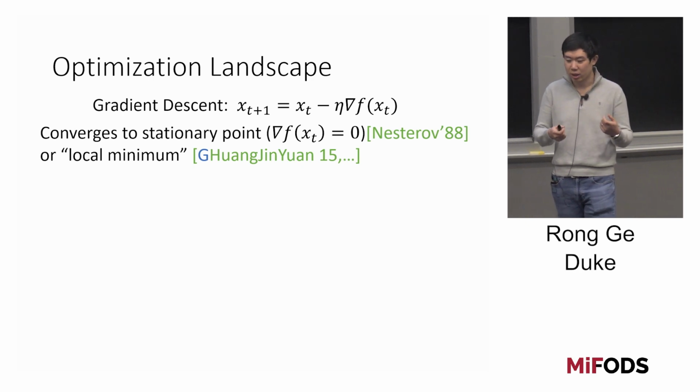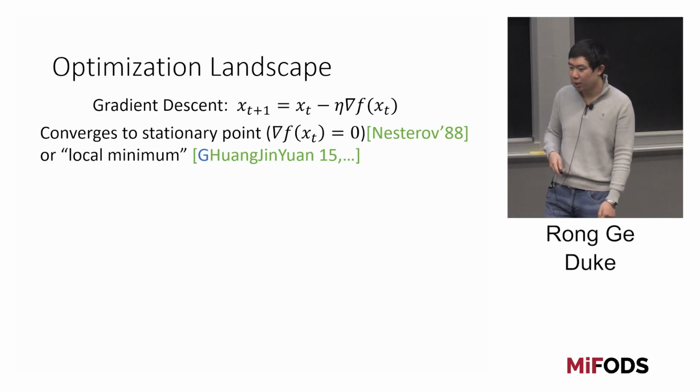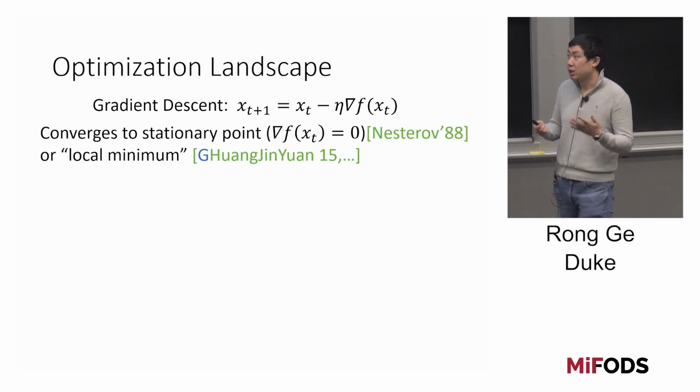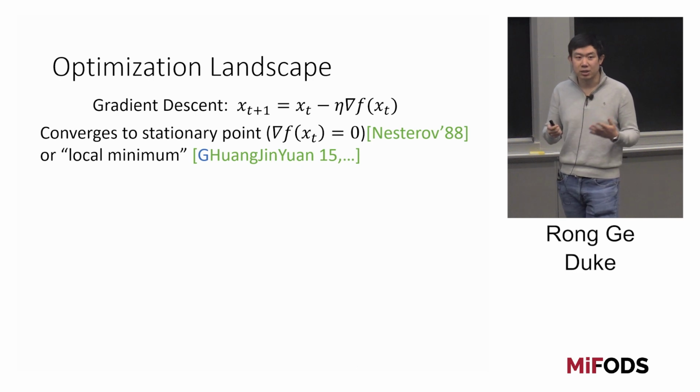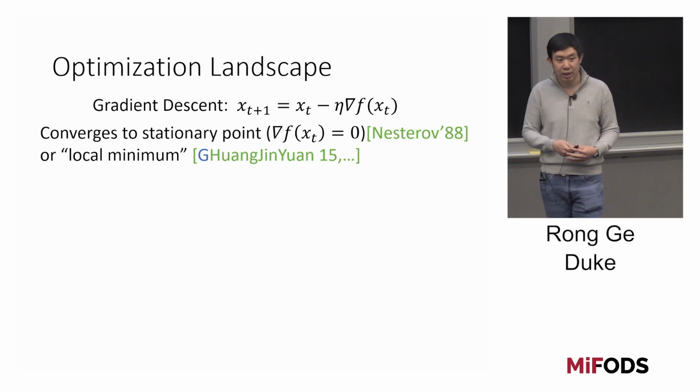If I start gradient descent from somewhere very close to a local optimal solution, there's no way this local search algorithm is able to jump out of the basin of attraction for this local optimum and actually converge to the global optimal solution, right? So the fact that gradient descent actually optimizes many of the non-convex objectives that we see should tell us something about the shape of these objective functions, and the shape is what I mean by optimization landscape.